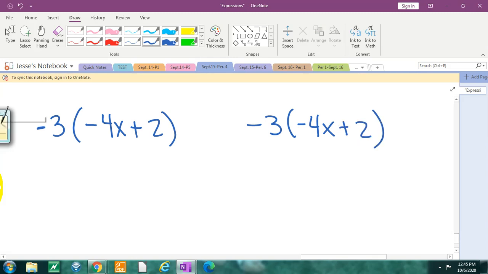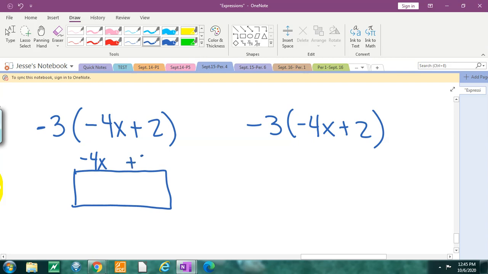So this is multiplication, so I need a box, one for negative 4x, one for plus 2, and two boxes within that one box. And then what comes down? The negative 3.